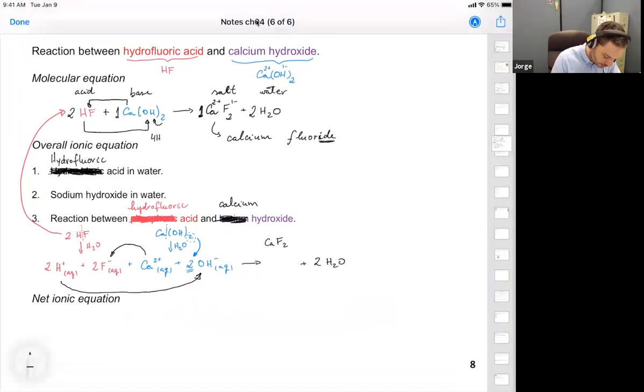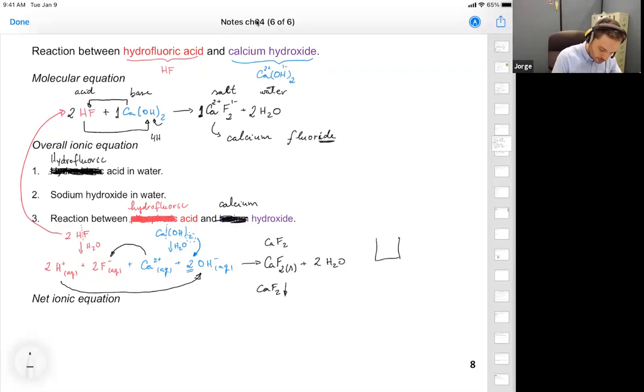If it is not soluble in water, we are going to represent this salt as a unit CaF2, and this is a solid. Okay, an alternative way that you may represent that you have a solid being formed is to write an arrow down. Okay, so that means something is precipitating.